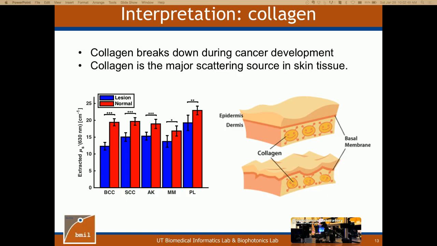So this is expected. The skin cancers, melanoma, non-melanoma skin cancers, have lower scattering, and the precancerous AK also has lower scattering. The pigment lesions also have lower scattering.